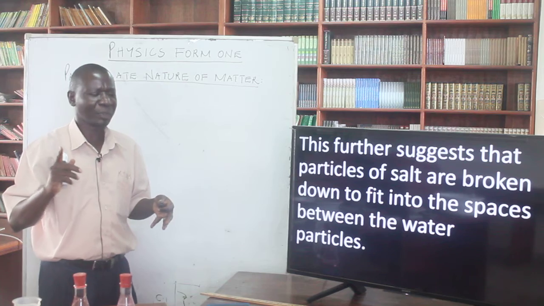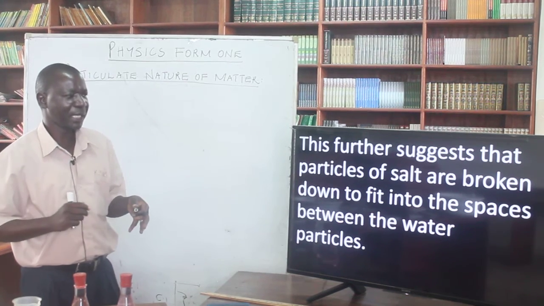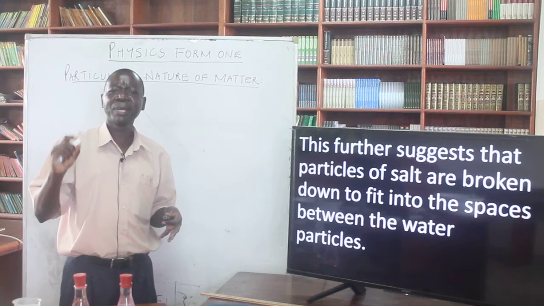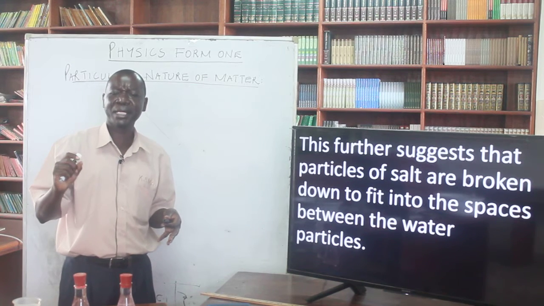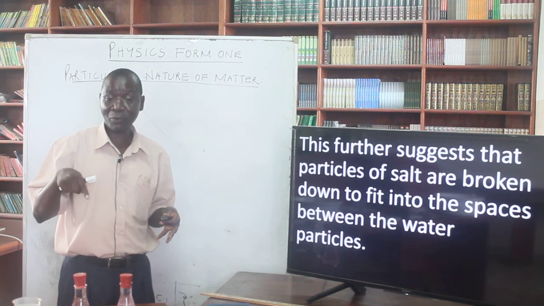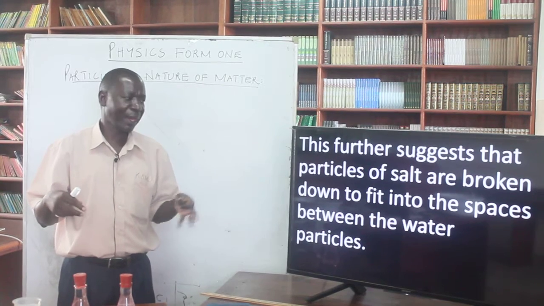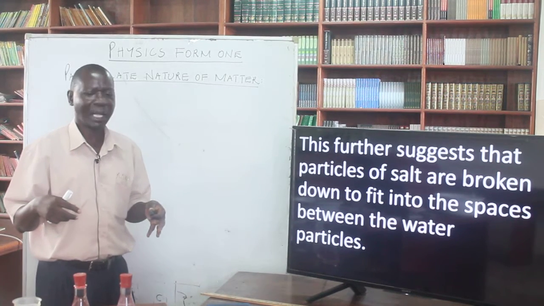And therefore, our conclusion here is that the salt is made up of tiny particles that we are now seeing have fitted themselves into the spaces of the water particles.